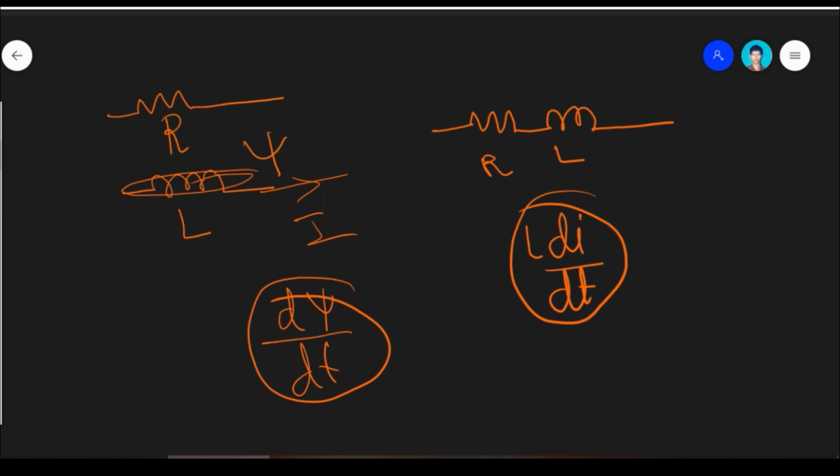But the inductor is not like that. The inductor will try to oppose the change of current, and that is why, in case you are applying a sine wave, there will be some initial transient, and then you will get the full sinusoidal waveform.